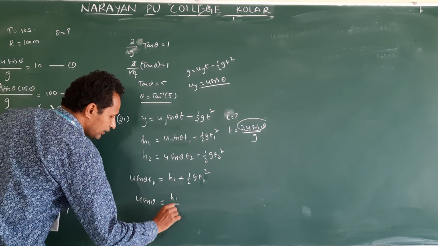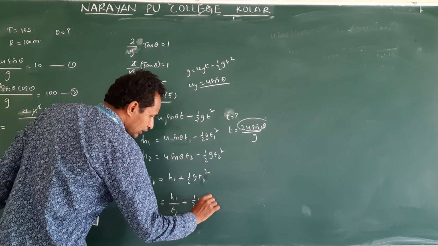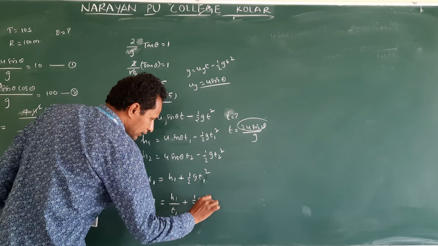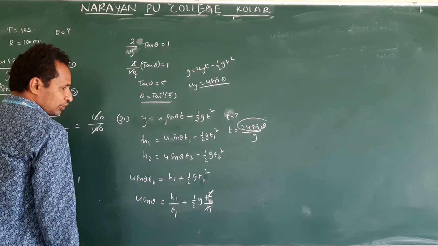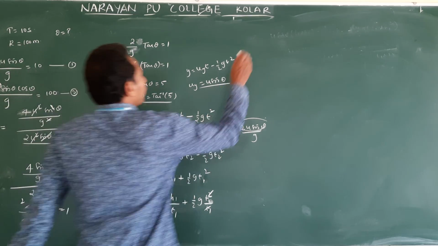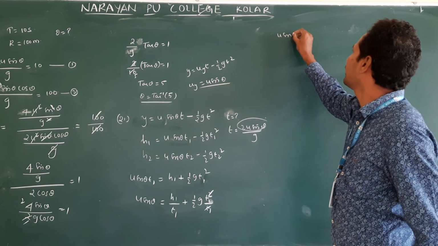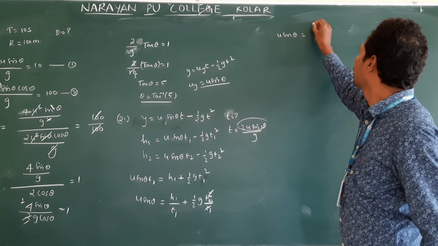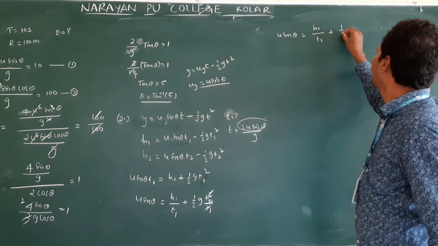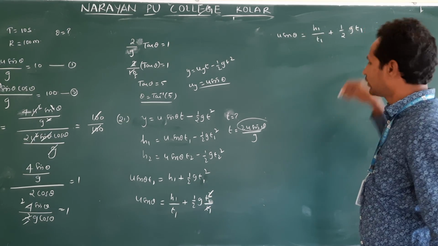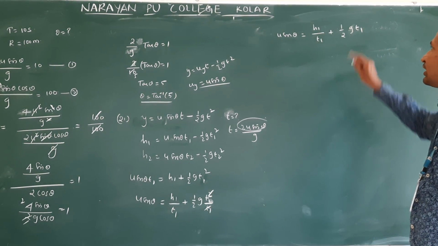So h1 by t1 plus 1 by g of g t1 square by t1. One t1 cancels. So u sin theta is equal to h1 by t1 plus half g t1, because one t1 square cancels. So this is from the first equation.